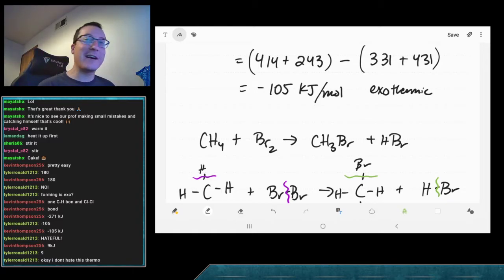Do you remember how to do delta H reaction using HF? We're going to have products minus reactants, right? So let's go ahead and bust open Discord and see if we can find the thermodynamic quantities.